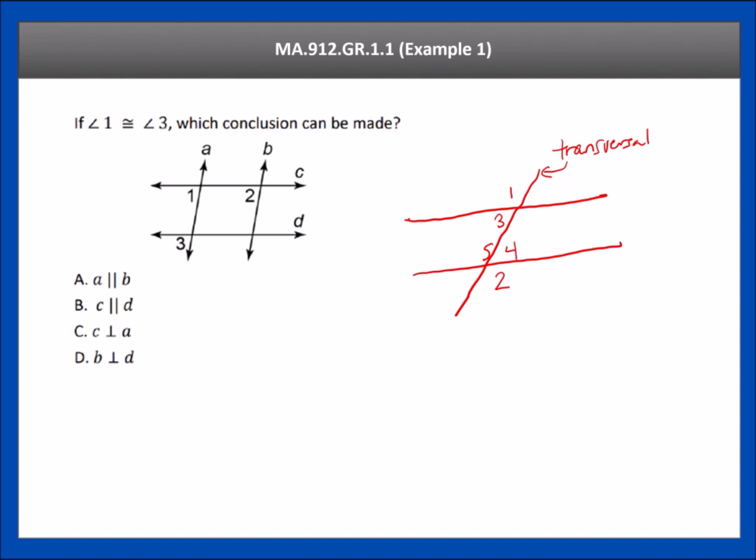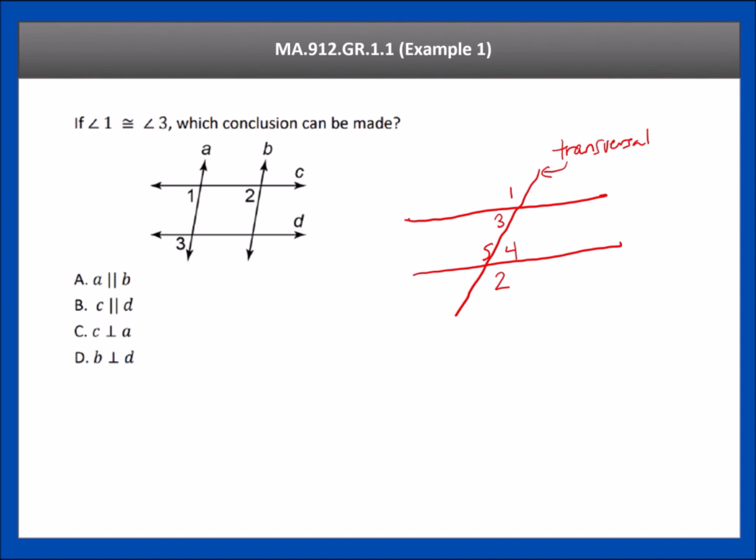So 1 and 5 fit that profile. That's one way to think about it. They're corresponding because if I can slide one, it would match up. They're in the same corresponding location.